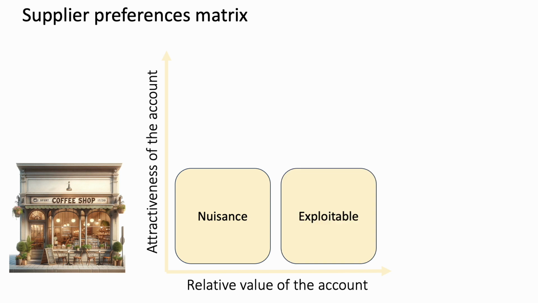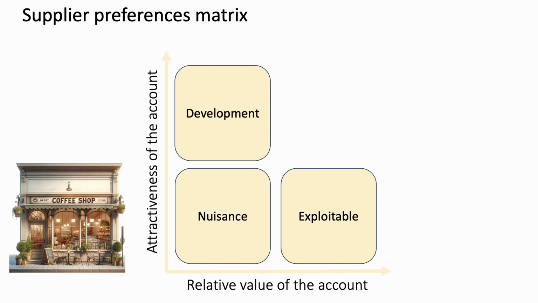Exploitable. Here, the supplier sees an opportunity to gain from the coffee shop due to its weak negotiating position. They might regularly increase prices or offer unfavorable terms. If your coffee shop is seen as exploitable, you can work towards improving your relationship with suppliers by showcasing potential growth areas or getting involved in attractive projects.